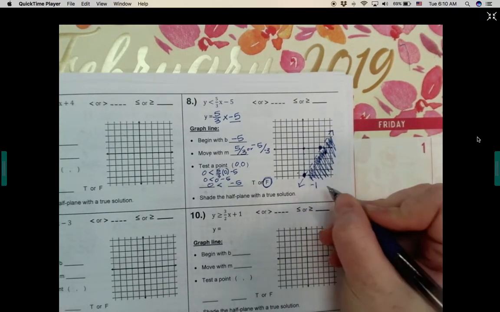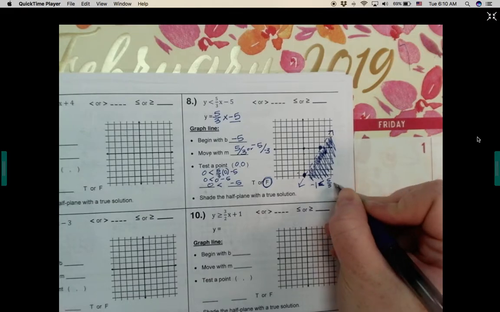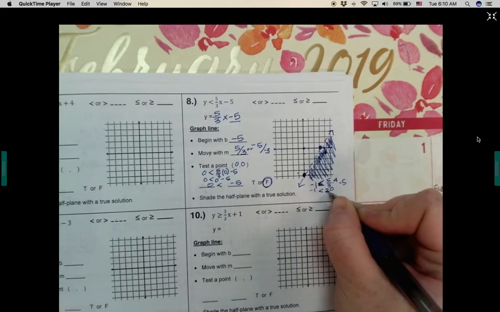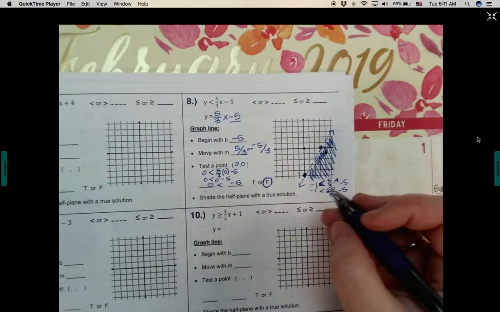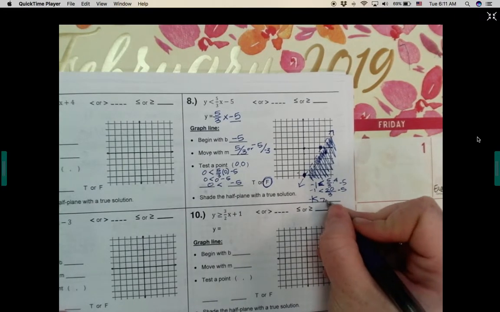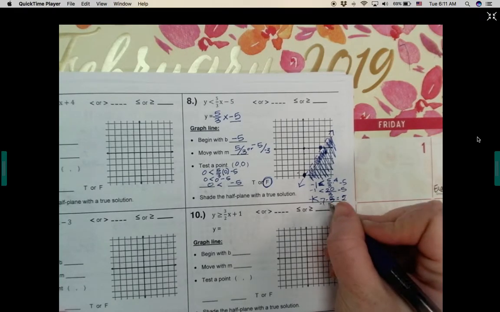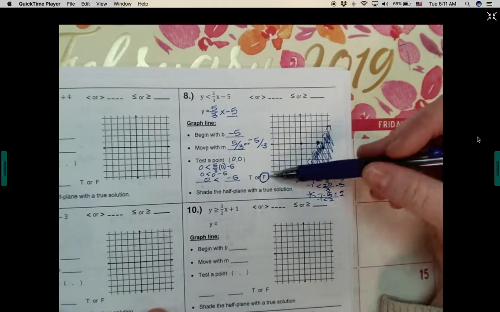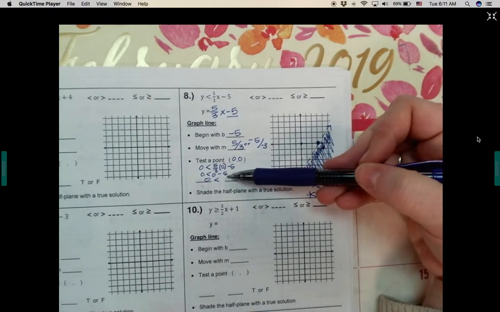So -1, oops, 5/3 times 4 minus 5, so that'd be -1, 20 over 3 minus 5, so that's like 6, 7-ish. -1 is less than 7 minus 2, which is 5, or 5, which is 2, so -1 is less than 2. So I'm just showing you that it is true, the opposite side, but you only have to test 1 point. So I would always test 0, 0, because look at all that math I had to do. This one I can literally do in my head.